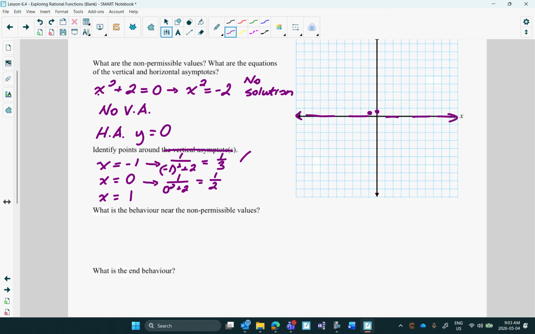So this is -1, 1/3. This is 0, 1/2. And then if I do 1, I get 1 over 1 squared plus 2, and I get a third again. So 1, 1/3. So it looks like that.